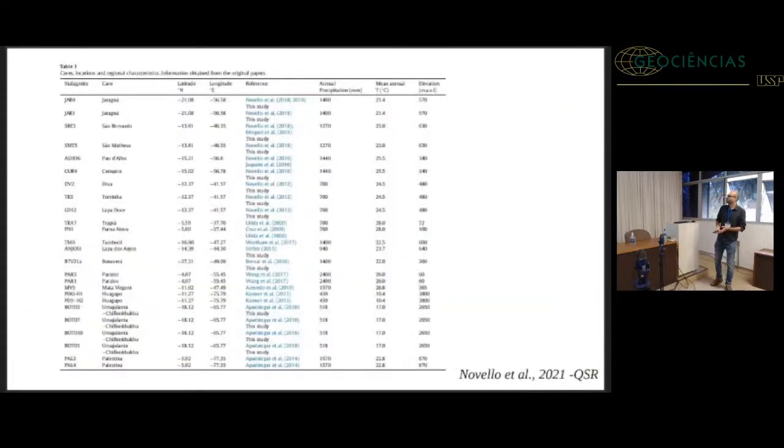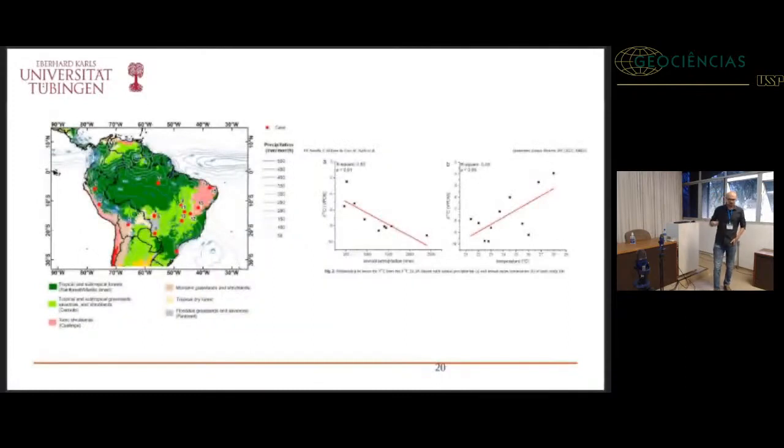Then we compiled more than 20 stalagmites. The list is here. And first, we wanted to investigate what was driving δ13C at many of these different sites. It's not clear to see here, but this is a plot of the modern δ13C values from the top of the stalagmites compared with the annual precipitation at different sites.